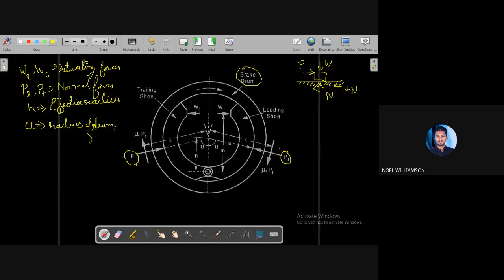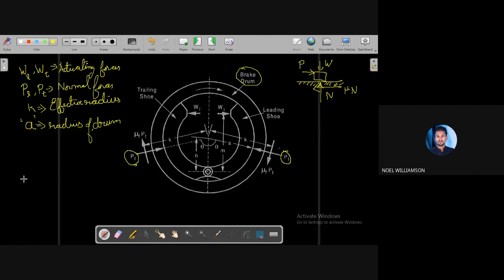So here we are using the notation small letter a for the radius of the drum. Clear idea. Later on, for expressions for acceleration and all, we use the term f for the acceleration because we are already using a for the radius of the drum.